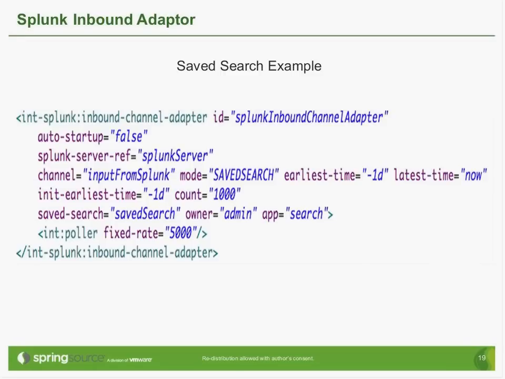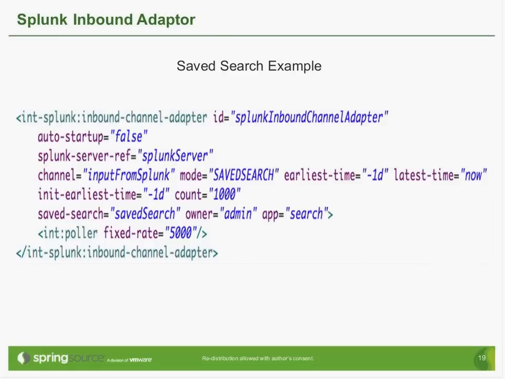The Splunk server ref attribute is a reference to the Splunk connection. That's required, obviously, so that we know which server we're talking to. And we need a channel which will take this inbound data coming from Splunk, and send it as a Spring integration message to that channel to be processed downstream in the message flow, however it's defined by your application.